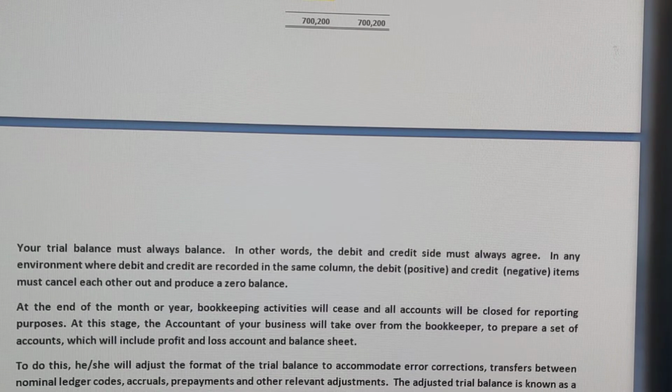Which means he or she will have to review every account in the nominal ledger, go through them, and look at transactions that may not have been posted correctly and make necessary adjustments. Go through every account in the nominal ledger and look at transactions that are not complete. For instance, you may have ordered goods. You have received goods or services in a period for which you are waiting to be billed. If the details are not included in your expenditure for the period, then your financial statement will not be complete.